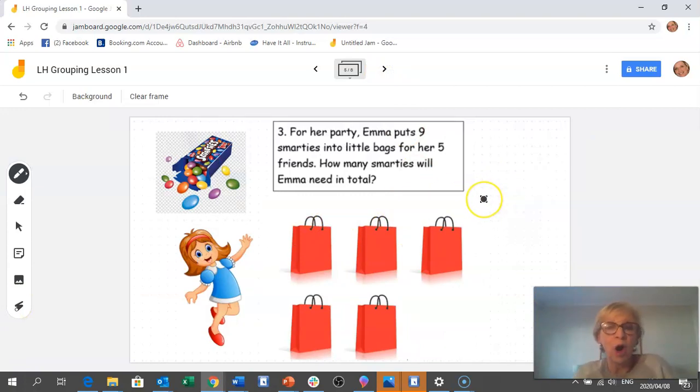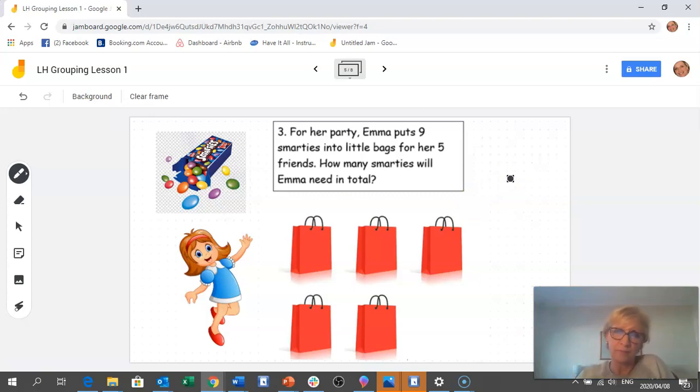Emma is having a party. She's bought a whole lot of Smarties in those big bags. And she is now going to put 9 Smarties into 5 little bags. She's got 5 little bags, and each friend is going to get 9 Smarties.